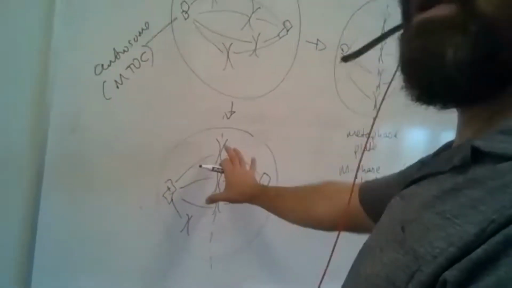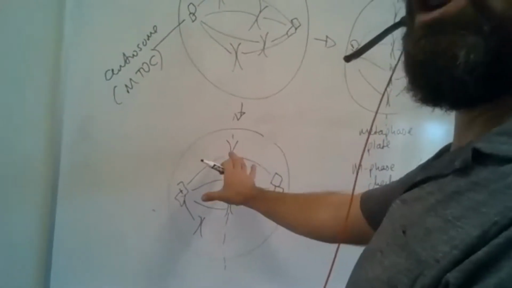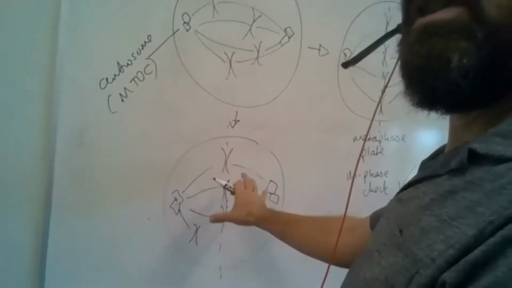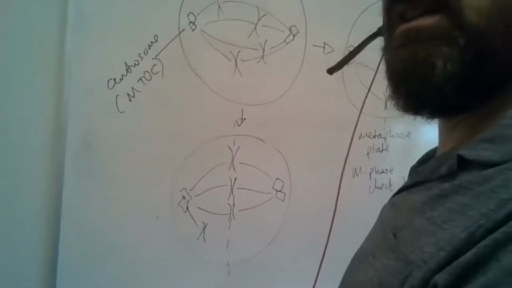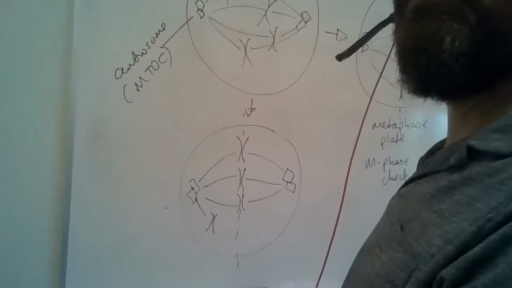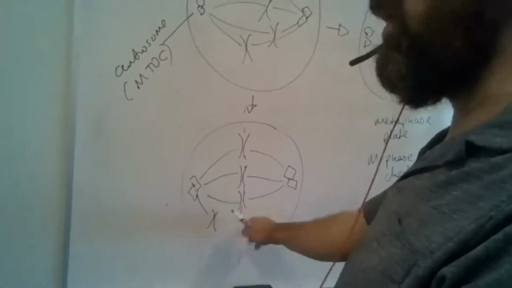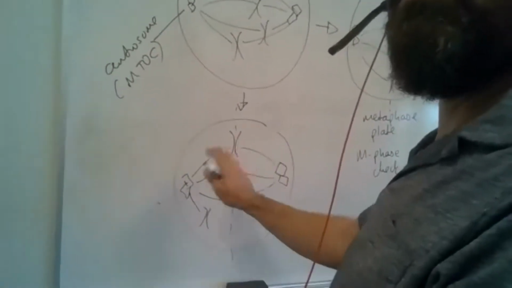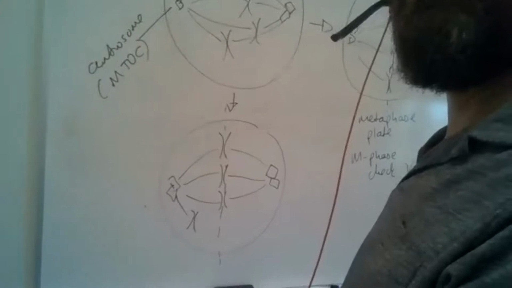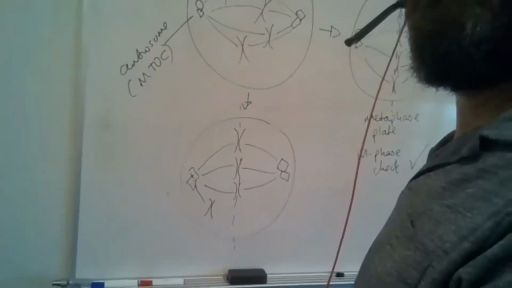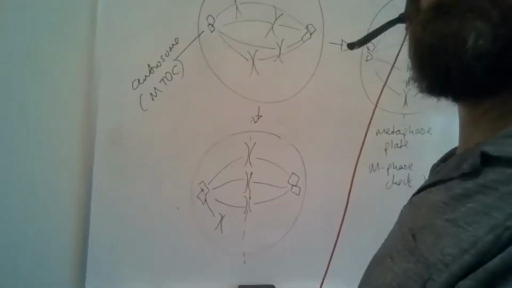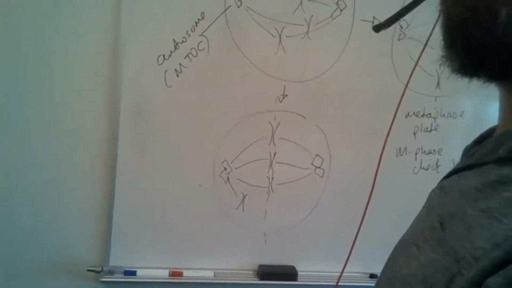If instead of this being paused by the M phase checkpoint, the checkpoint goes, yeah, looks good to me, and gives it the okay, what would happen in terms of the two daughter cells that are produced, particularly in terms of the number of chromosomes that they have?